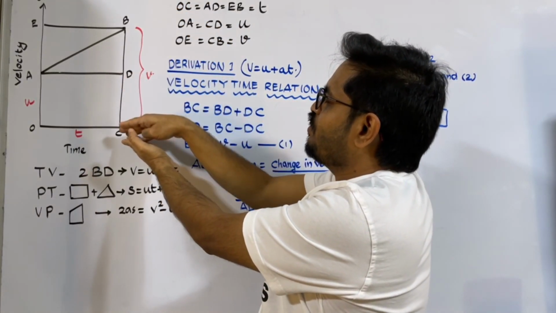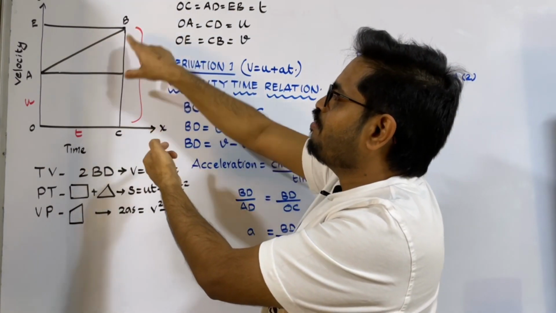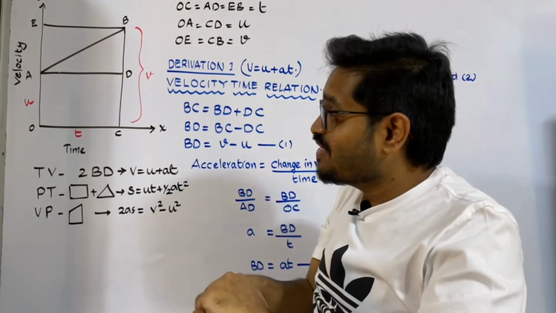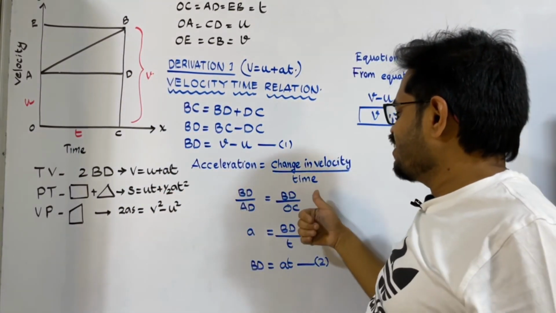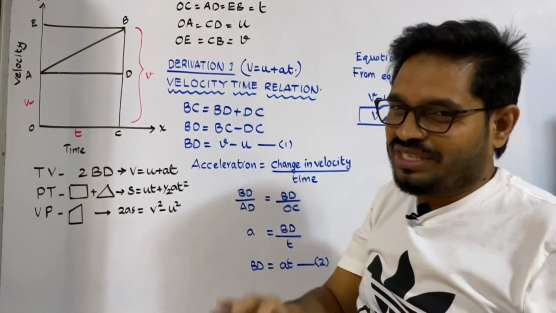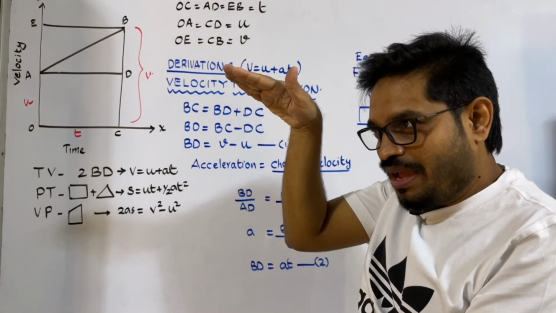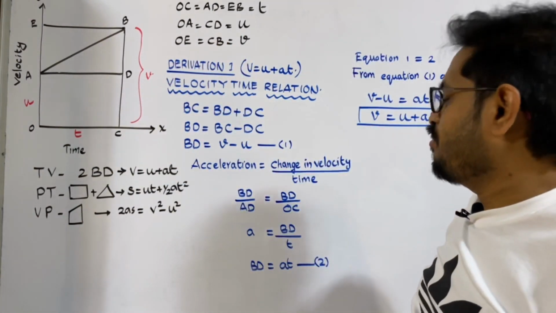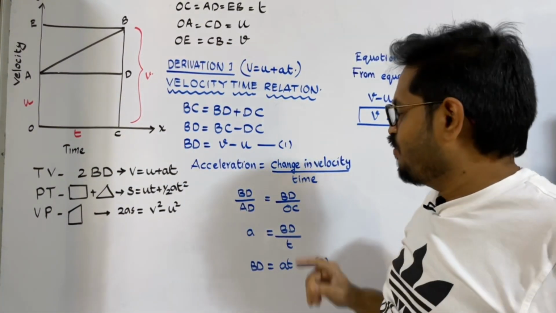So when you remove DC from BC, we get the remaining BD, which is the change in velocity, meaning final velocity minus initial velocity. So that change in velocity is divided by time. Change in velocity is the segment BD, which is final velocity minus initial velocity. So BD by OC. What is OC? Time.